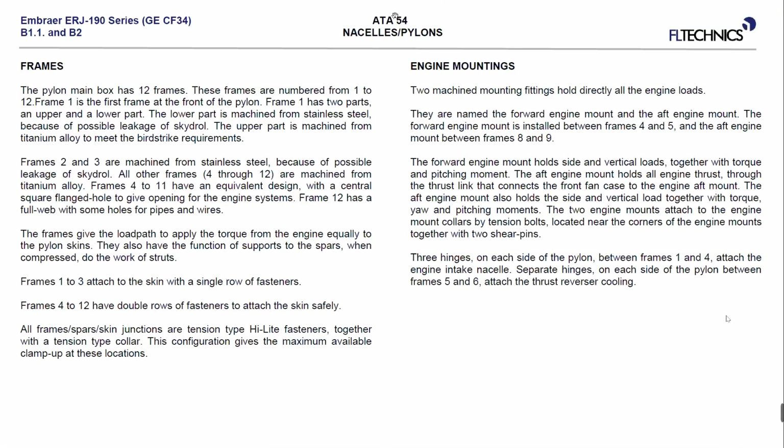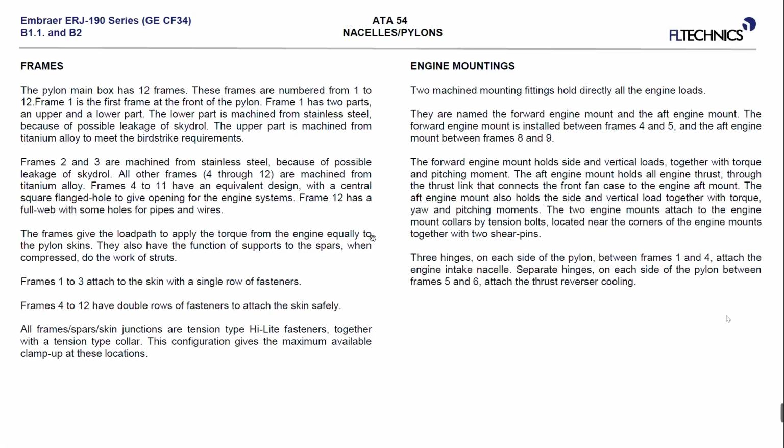The forward mount is between frames 4 and 5, and the aft mount is between 8 and 9. We have different loads which are taken by the different attachments, different mounts. The difference is that the aft mount is taking additional loads like the torque and the yaw moment. The rest of the loads are the same.